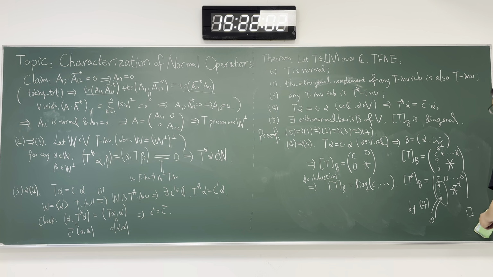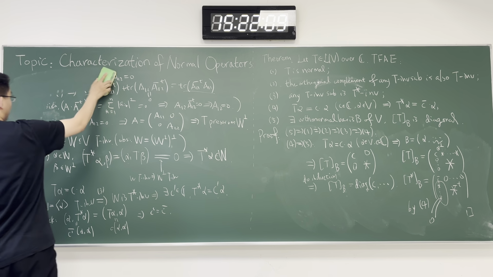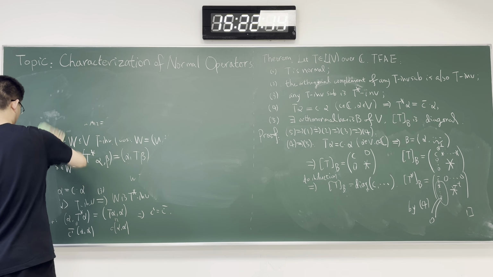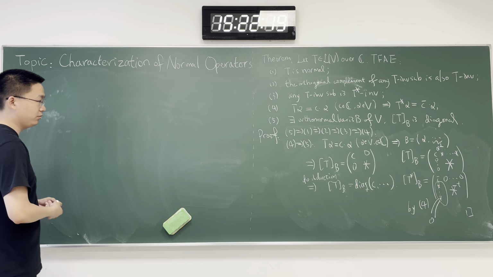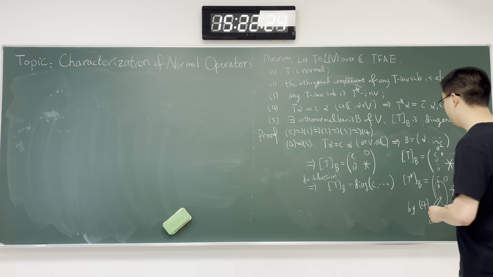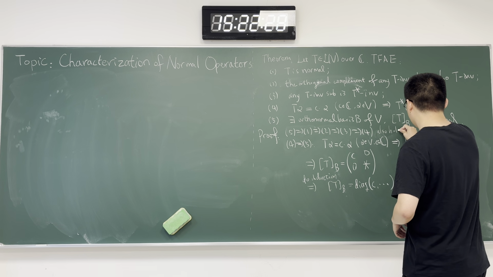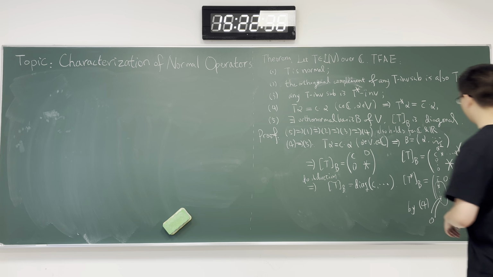The only thing that I would like to emphasize here is that the proof from 5 to 1 to 2 to 3 to 4 also holds not only for C, but also for R, the field of real numbers.